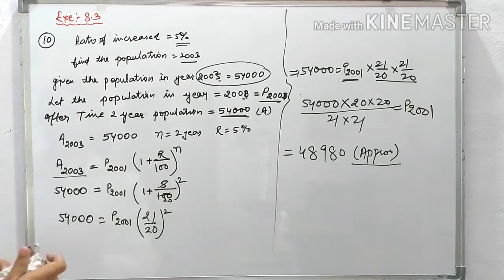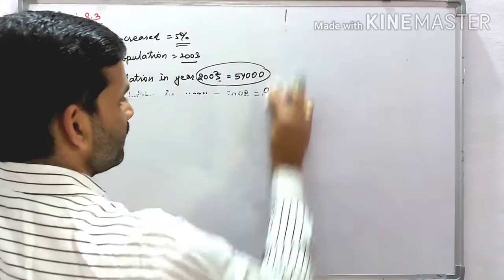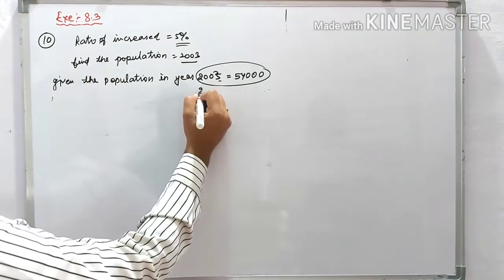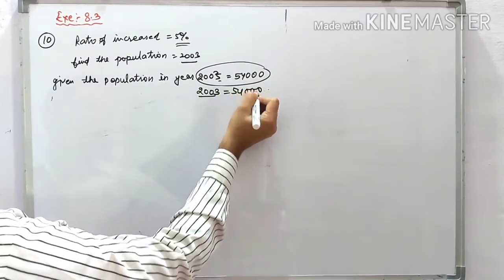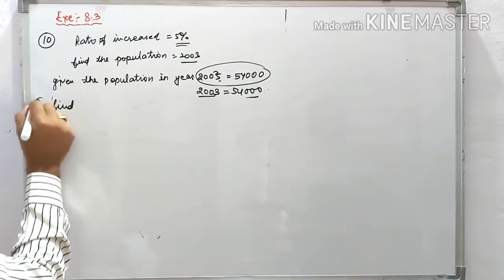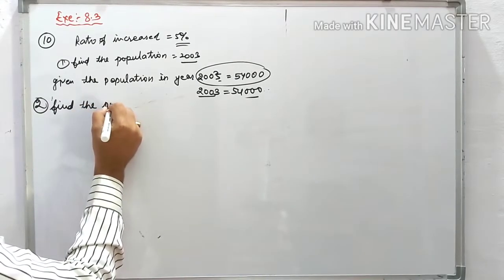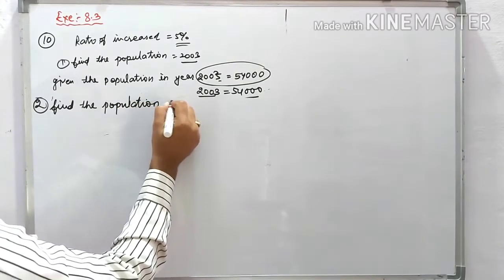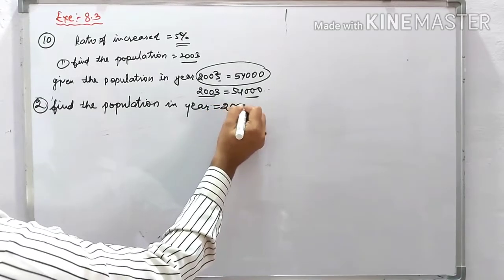The population of 2003 is 54,000. The second question is to find the population in the year 2005.